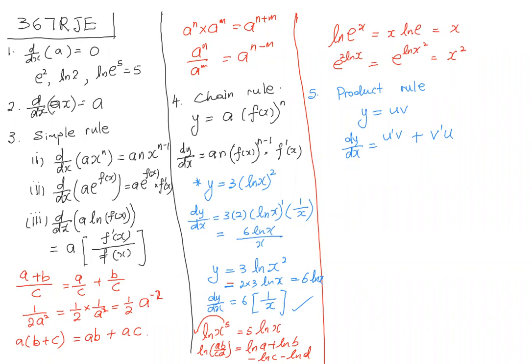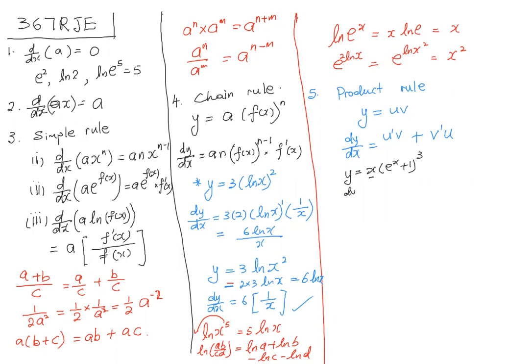So if I give you this question, what rule are you going to use? Definitely product rule. I cannot use chain rule because this is not a number.